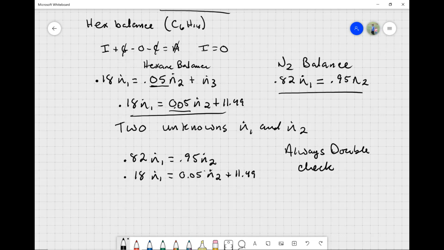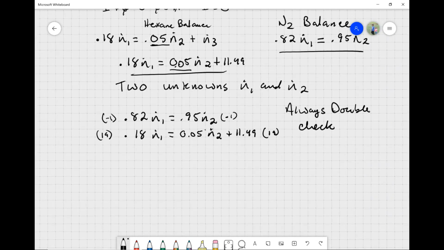And so what I'm doing here is I want to get rid of a variable. And what I found I can do is, for this particular case, I can multiply both sides of this one by 19, and then multiply this one by -1. And so I'm going to rewrite it.